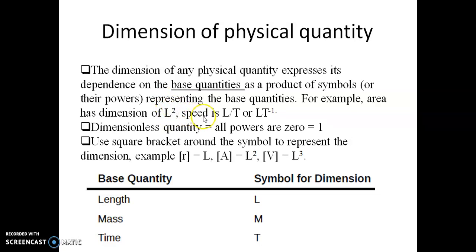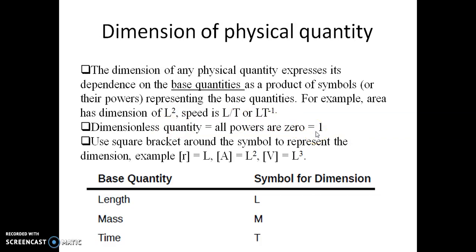The speed, which you're probably familiar with, is like miles per hour. That's distance, or length, per time. So that will be L T to the minus 1 power. If you have a quantity where, when you write the powers, all of the powers are 0, then you call that a dimensionless quantity, and you can write it as the number 1.